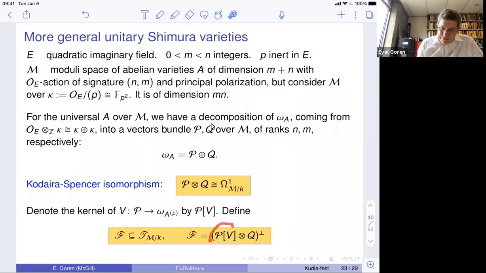In this case this PV would probably be 0, and its perp will be the whole TM, which in a sense might not be uninteresting. We need to check that, but it sounds reasonable.